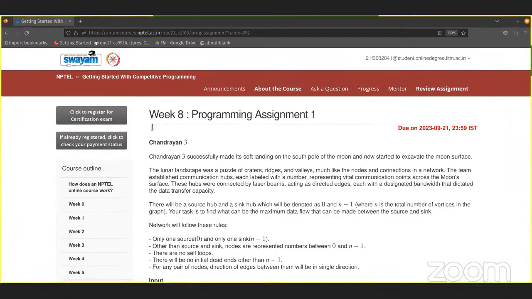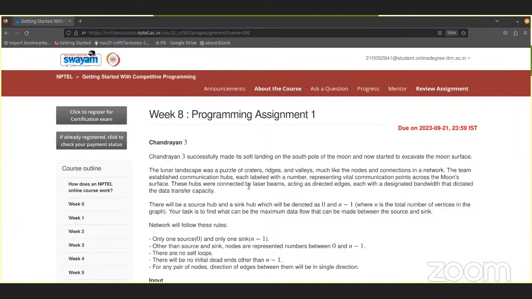So the week 8 problem statement goes where we have Chandrayaan 3, which successfully made its soft landing on the south pole of the moon and has now started to excavate the moon's surface. The lunar landscape was a puzzle of craters, ridges, and valleys, much like the nodes and connections in a network. The team established communication hubs, each labeled with a number, representing vital communication points across the moon's surface.